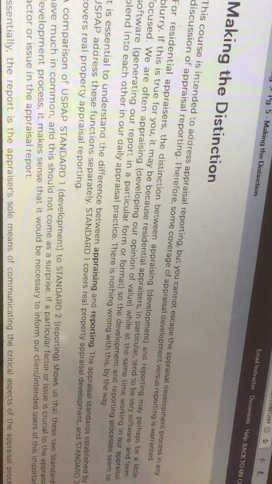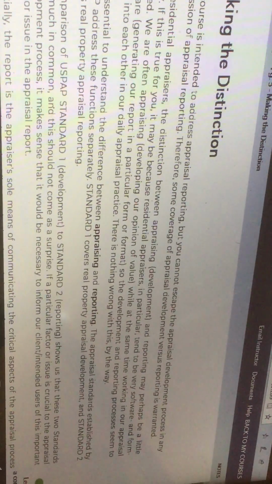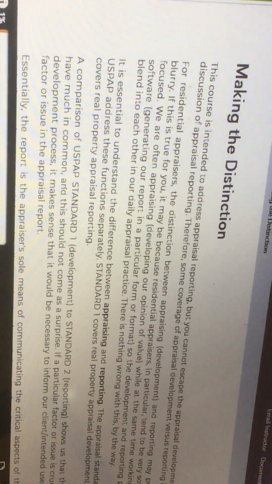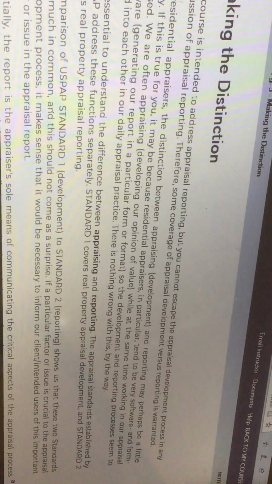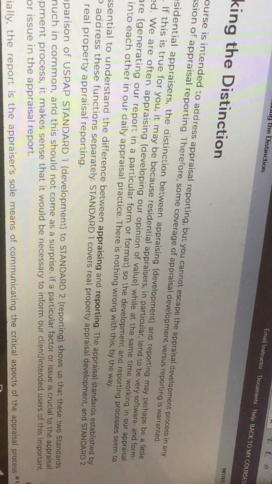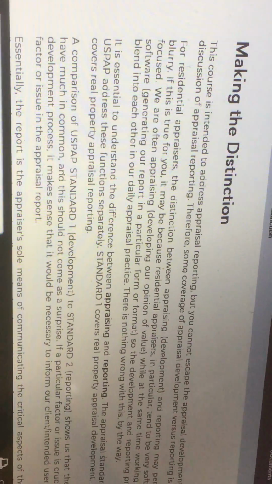Therefore, some coverage of appraisal development versus reporting is warranted. For residential appraisers, the distinction between appraising development and reporting may perhaps be a little blurry.